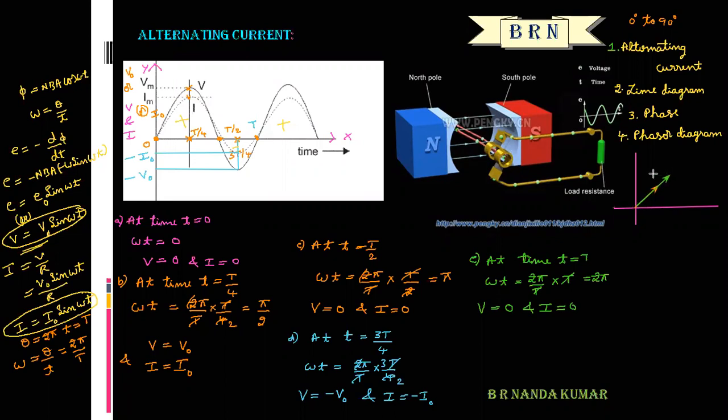The rotational vector of current and the rotational vector of voltage are both in the same direction. Okay, this arrow mark shows the rotational vector of current, and this one shows the rotational vector of voltage.